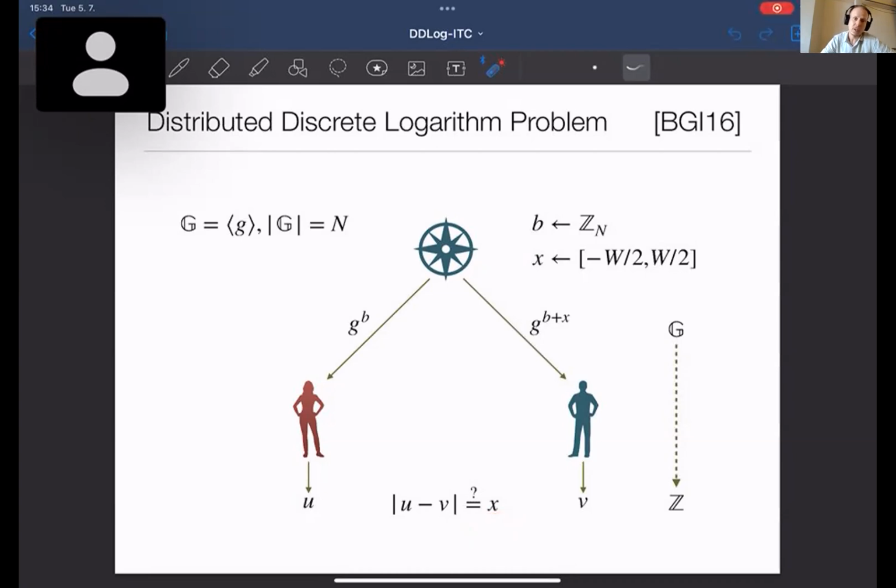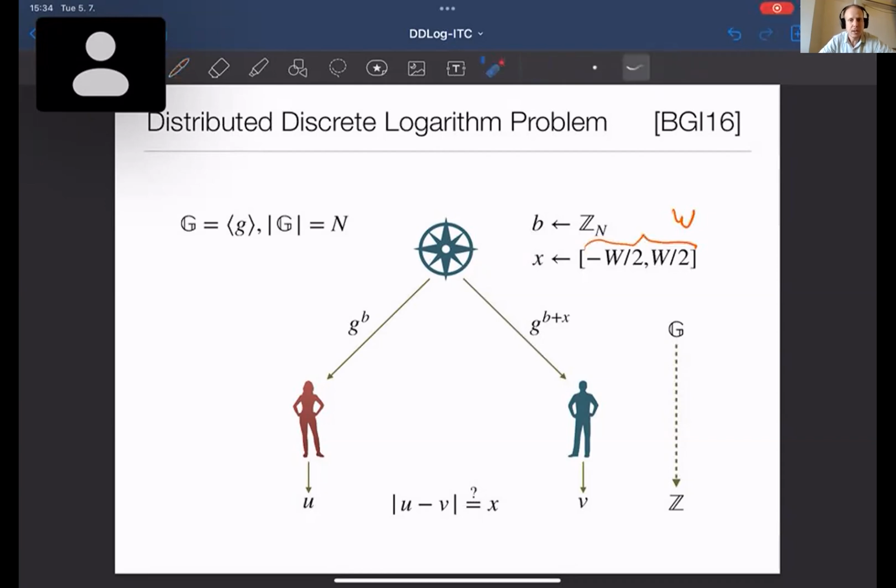Another observation is, well, they could also just guess, right? And the success probability is proportional to the size of the space of the secrets. So this problem has a parameter W, and this is the size of the space of the secret.